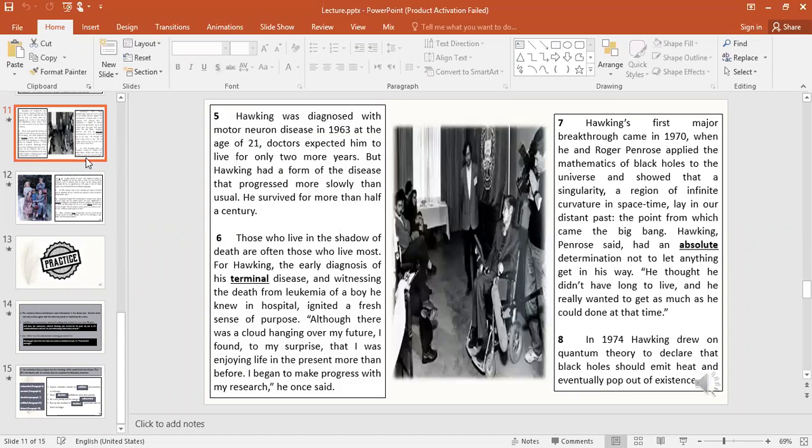Where did we reach yesterday? Which paragraph? Did we finish the whole text? Maybe to paragraph 8 or 7. We finished the whole text.